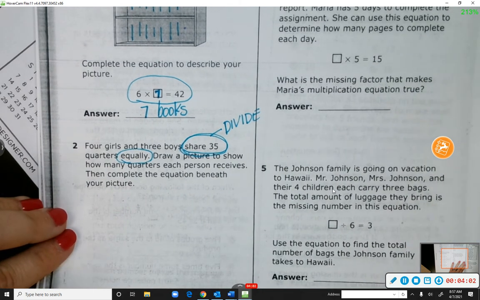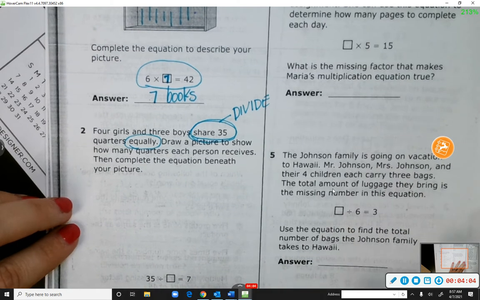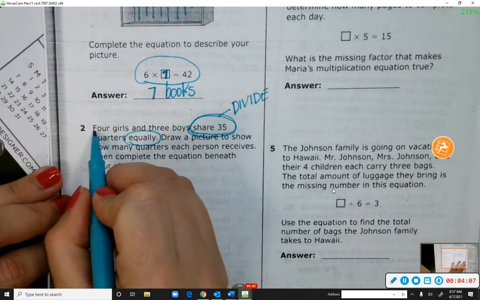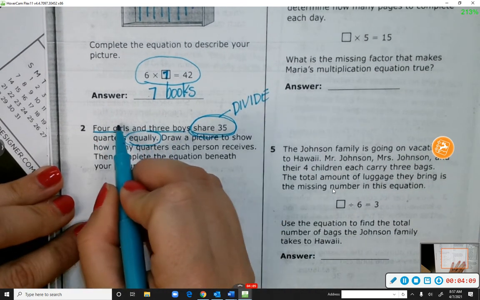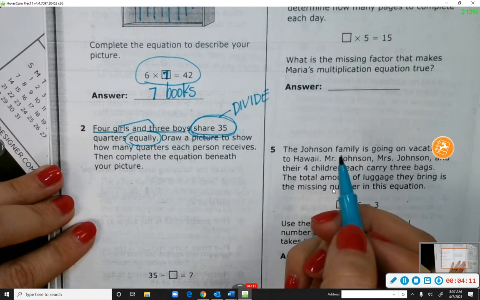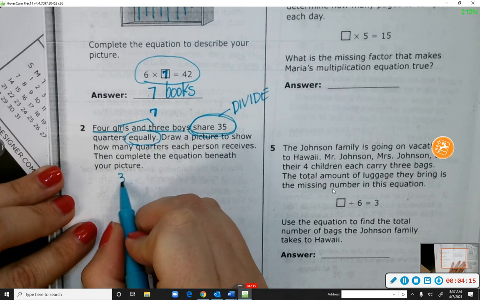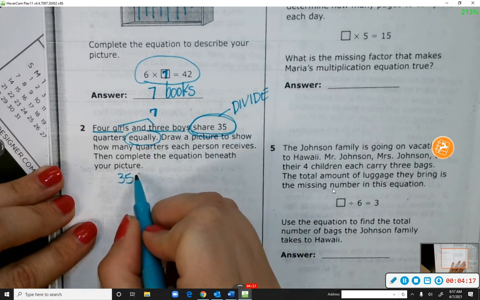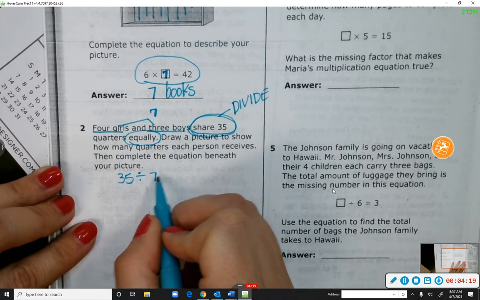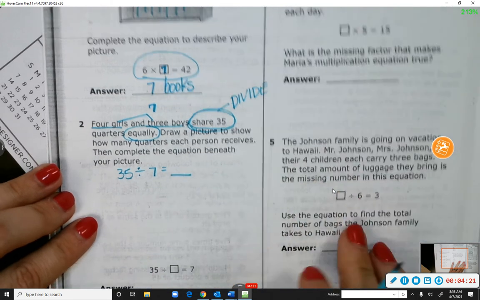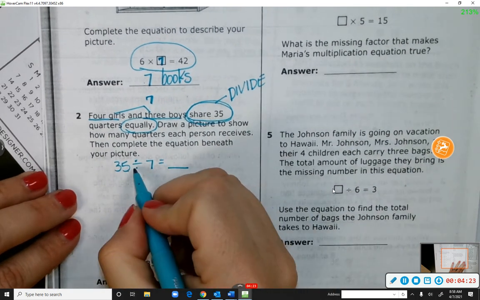Okay? Well, how many people are there? 4 girls and 3 boys equals how many people? 7 people. So I'm taking the 35 quarters, dividing it by 7 people. So how could I show that in a picture?